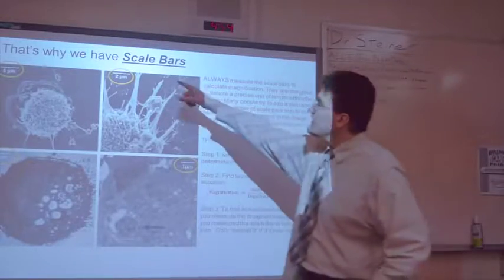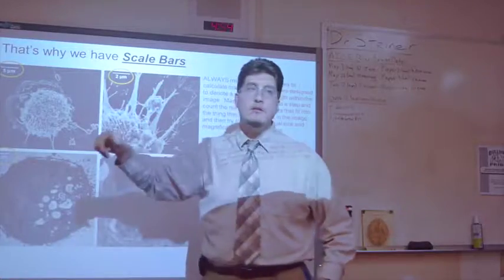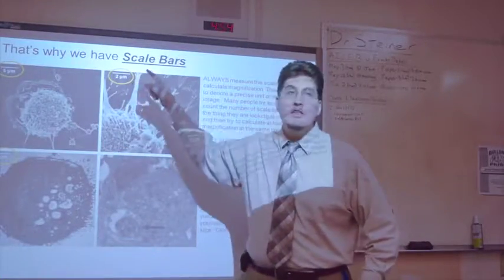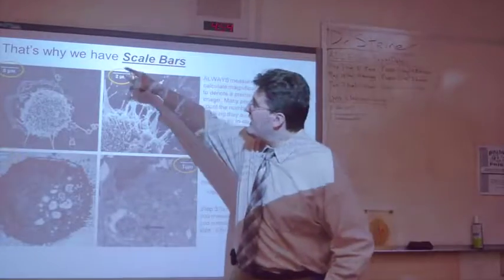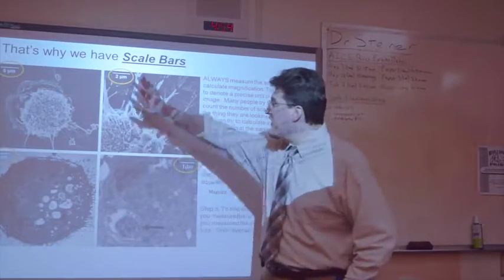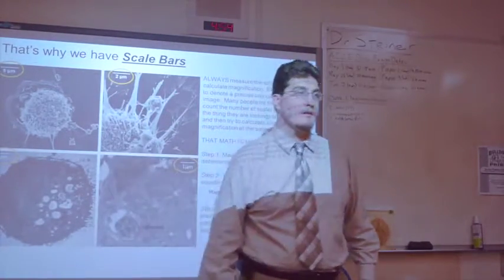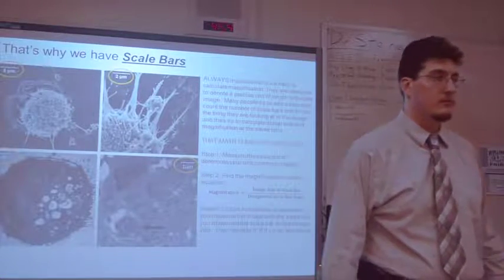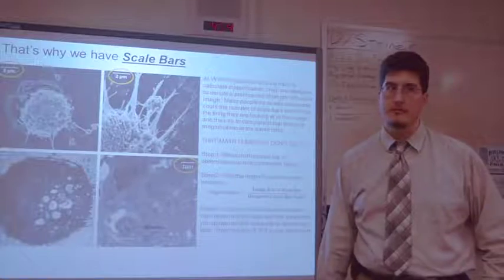The scale bar gives you something with a distinct beginning and end and a known value of actual size. A distinct beginning and end and a known actual size. Nothing else in this image matters except that scale bar.